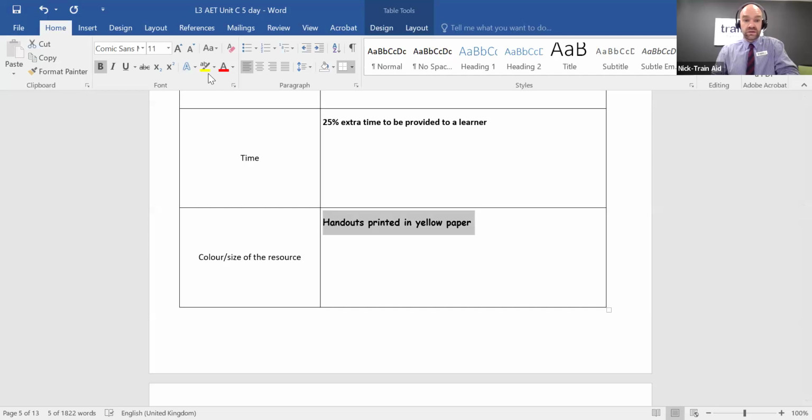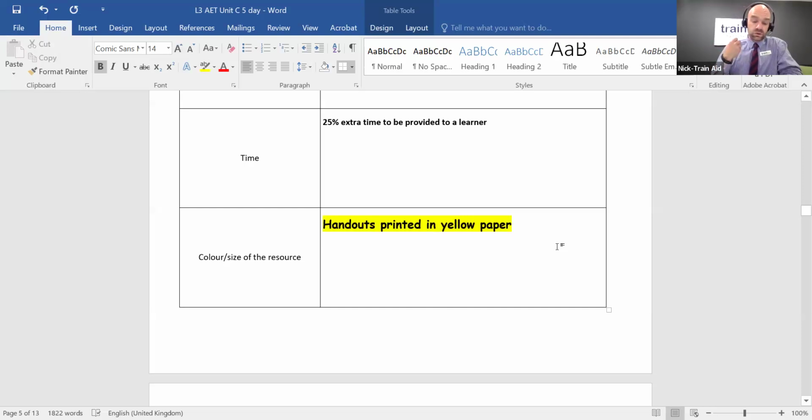So you could make changes to the background like I've just done there, and that's going to help the learner to be able to read the assessment instructions there. We can change the font size as well if you wanted to. So that's really making an adaptation to the actual resource, the written instructions there.